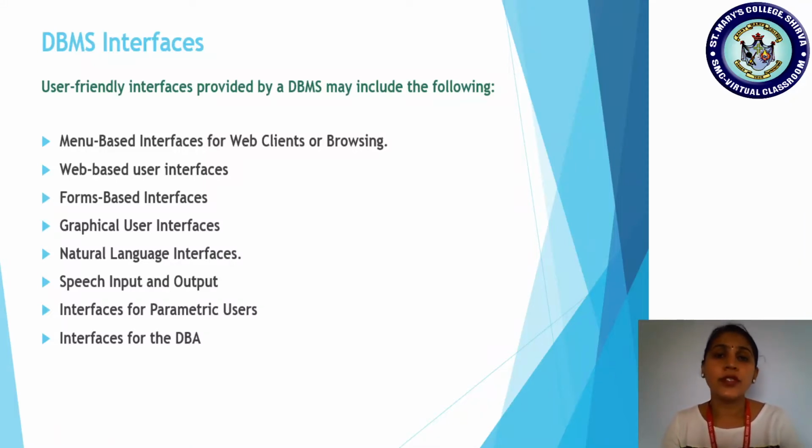And for the end users, we have already seen that many different categories of end users are there in the DBMS environment. So we have also specified how these end users have the priority or privileges. There are certain users who are designing the database and who are developing it. Similarly, there are certain categories of users who use query languages as their interface to perform certain operations on the database.